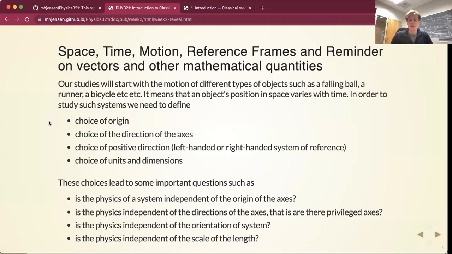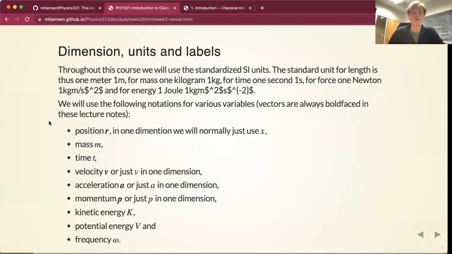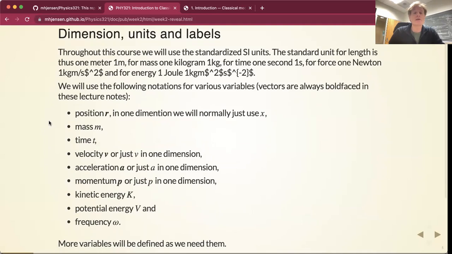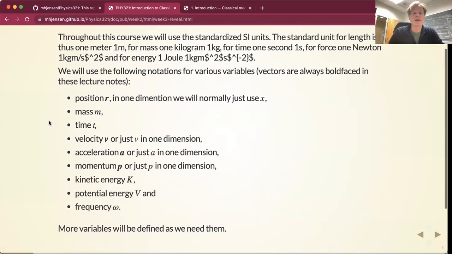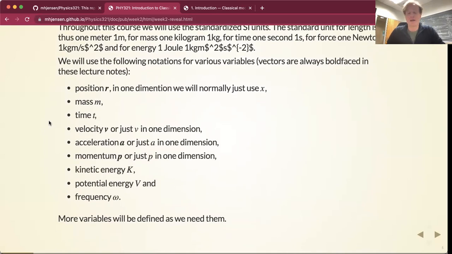Now, if we move on a little bit, one of the things we would like to remind you about is dimensions, units and some labeling. We are going to deal with several quantities. If you see a bold-faced quantity like this one, this indicates the position vector r. In one dimension, we will normally just use x.